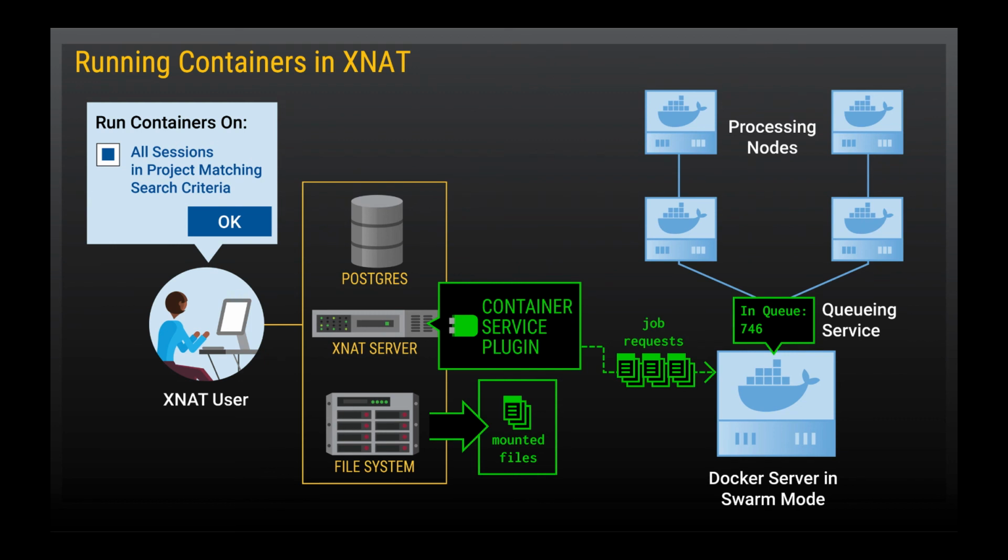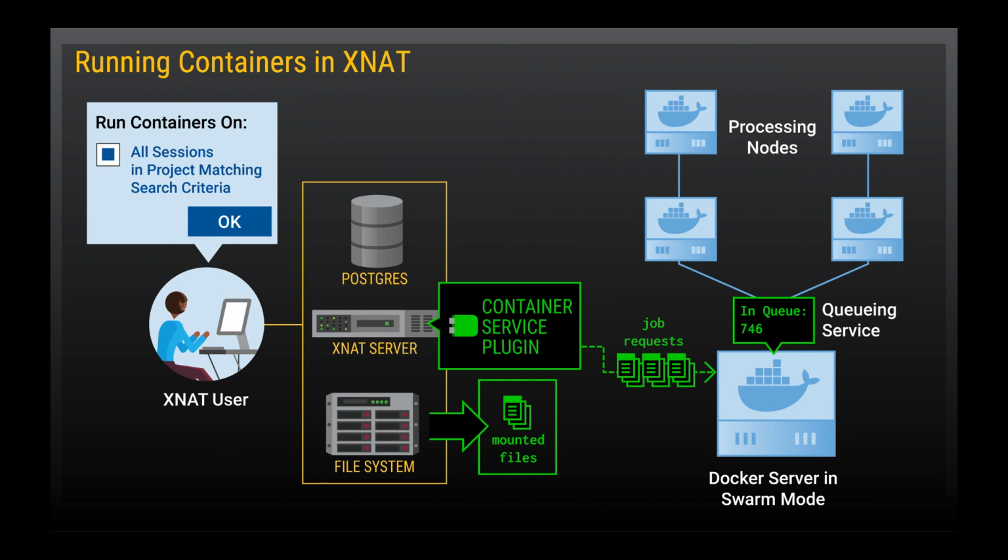So what you need is some way of parceling out those jobs. And in the Docker world, this is referred to as a Docker swarm, where you have multiple processing nodes attached to your server, and you have a central queue management service.